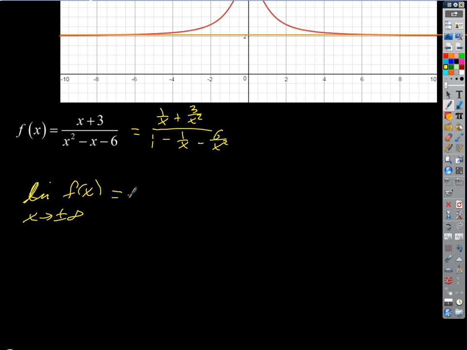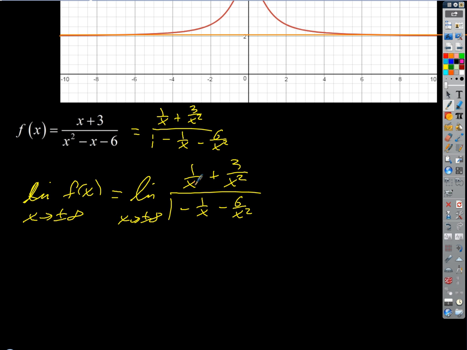I'm going to get the limit of this, right? We rewrote this function in this form. As x approaches infinity, or negative infinity, what's going to happen to the fraction 1 over x? What's that going to approach? 0, right?